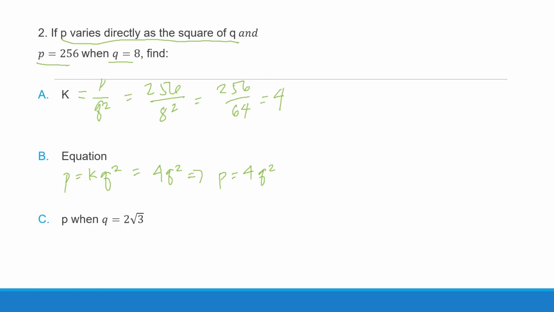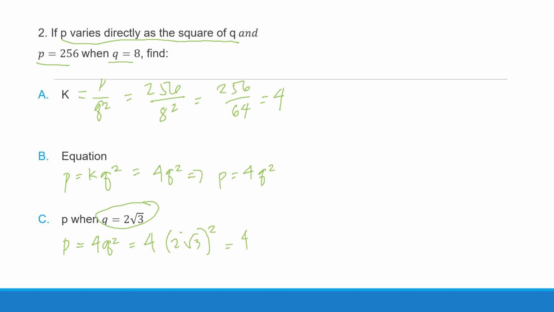Next, what is p when q is equal to 2 square root of 3? Just use the formula: p equals 4q squared. So we have 4, and our q is 2 square root of 3, quantity squared, because q has a square. Distribute the square to each factor inside the parentheses.